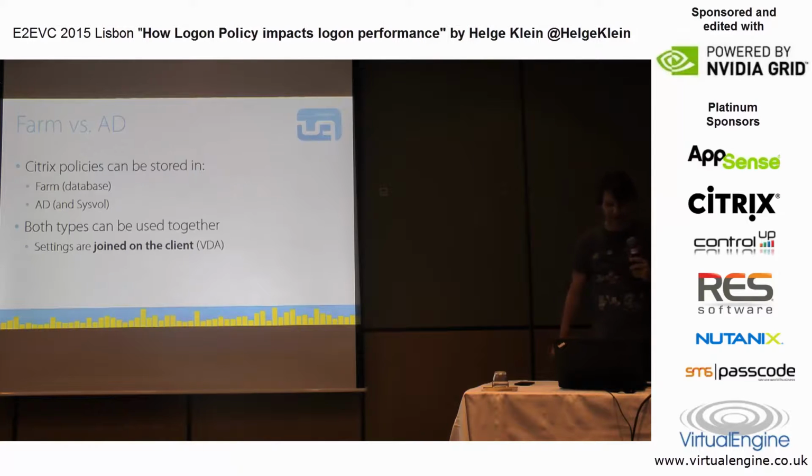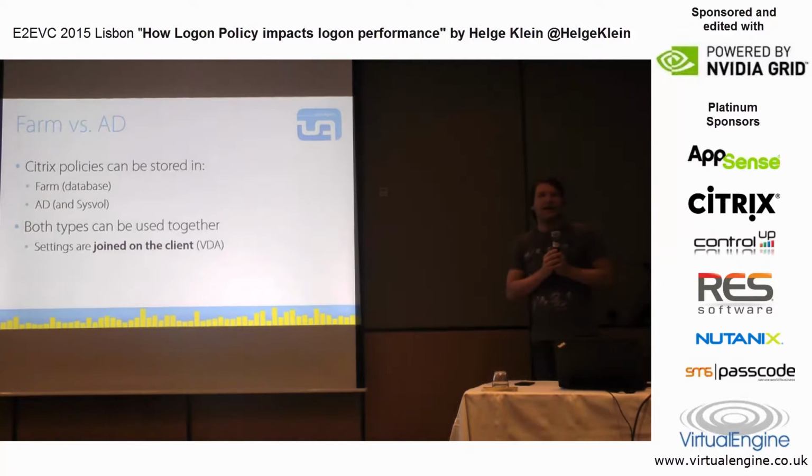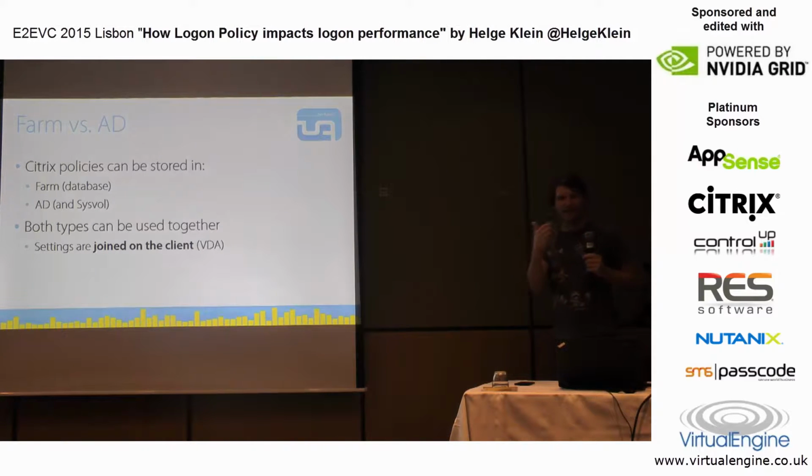Now, in the last 2 or 3 minutes, let me cover how Citrix fits into all of this. As you know, Citrix settings can be either stored in the farm, that means in the SQL database, or in Active Directory, in group policy. Both of those can be used together. And it may not be widely known how that actually works.